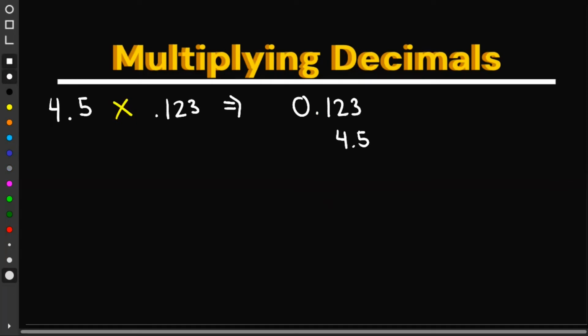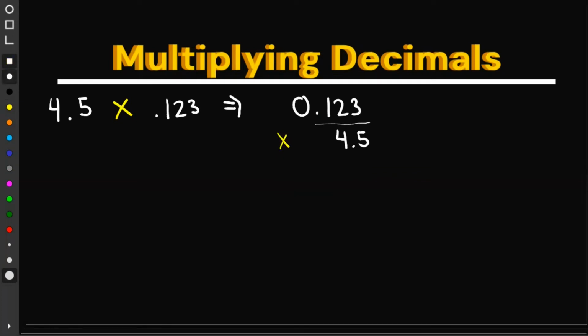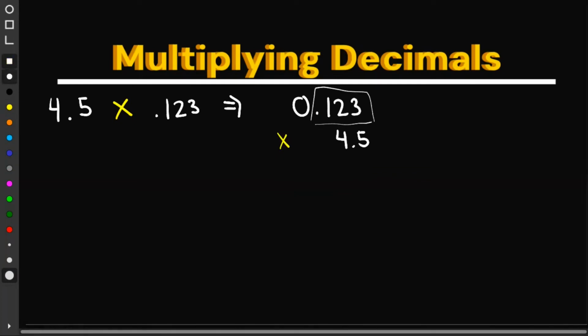Now the reason that I first put the 0.123 above is because if we treat these as whole numbers, this would seem like the larger number. So just like how we multiply whole numbers, oftentimes the number with the larger number of digits is the one that goes first.